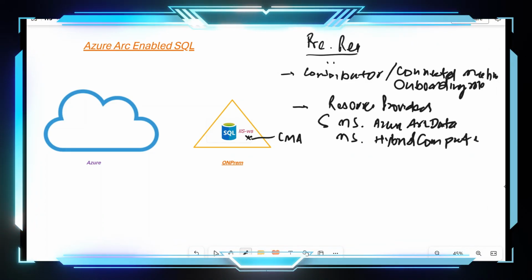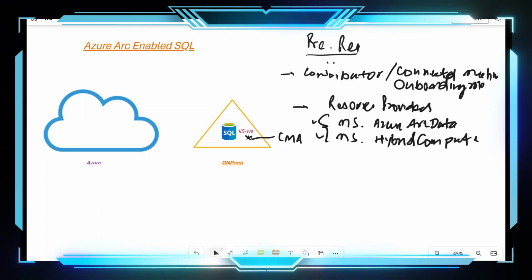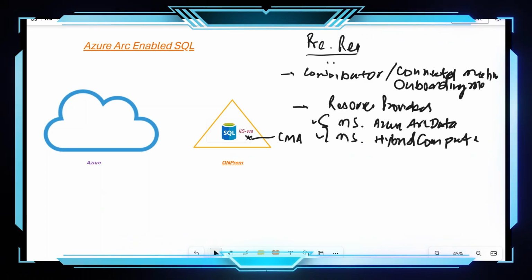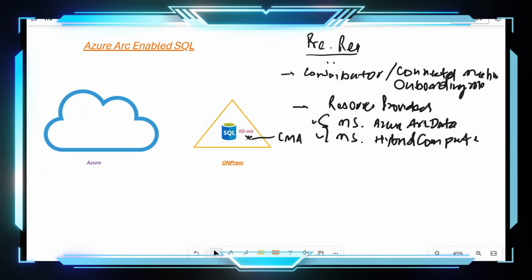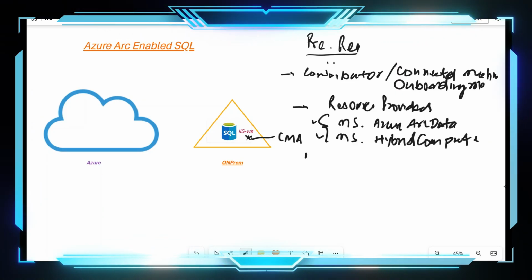You can go and check under the subscription and make sure that both of these are registered. If not, you can register them, and then you'll be able to deploy the Arc agent on your on-prem machines.